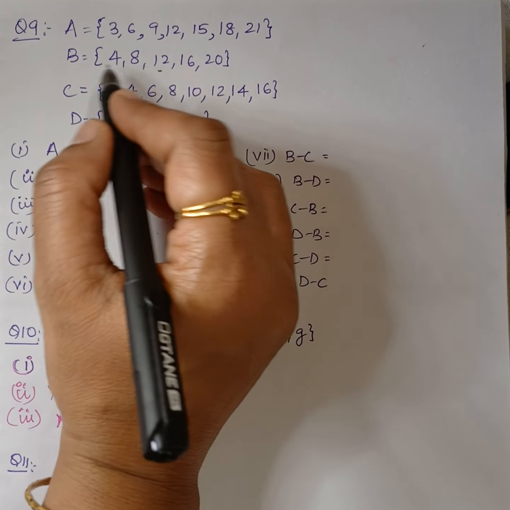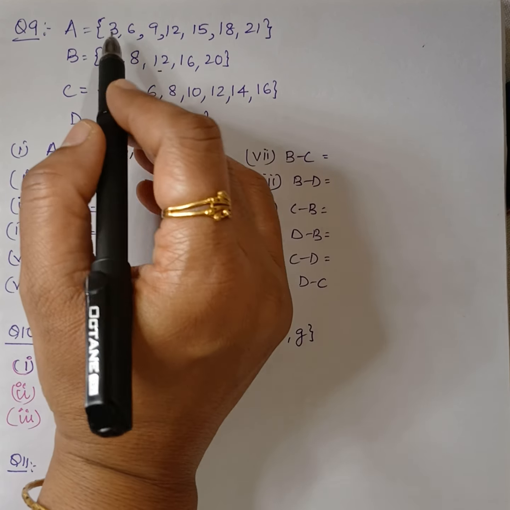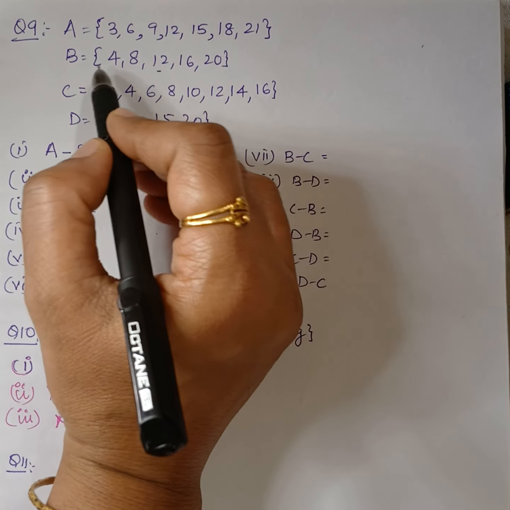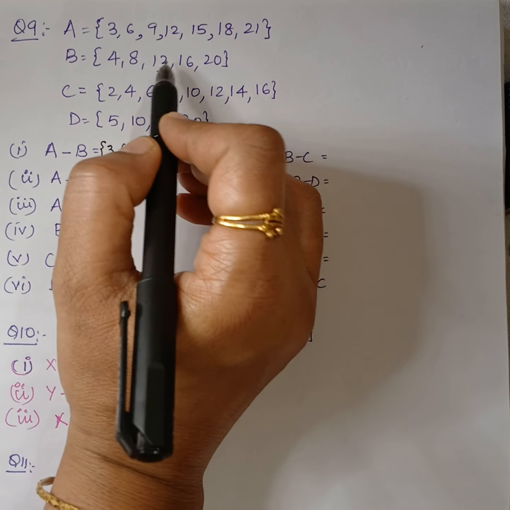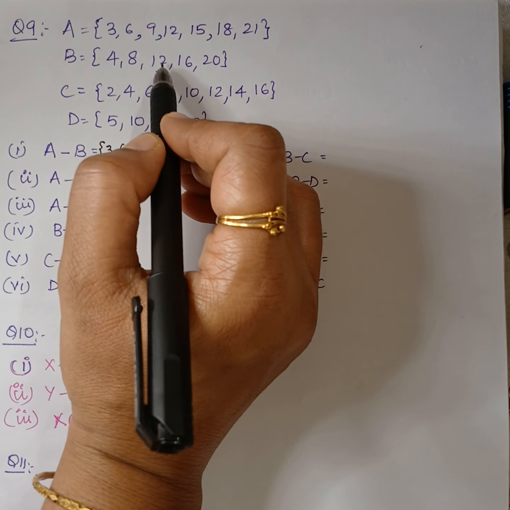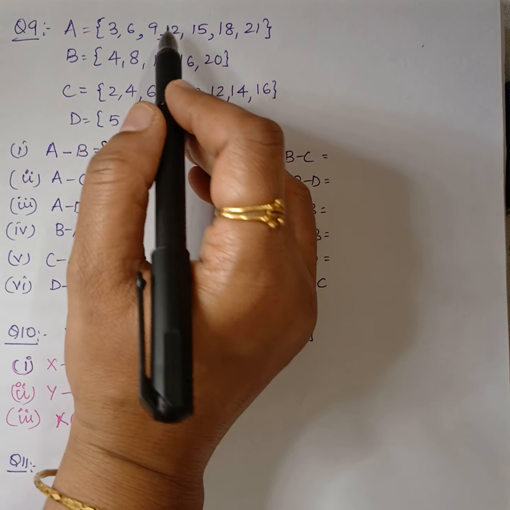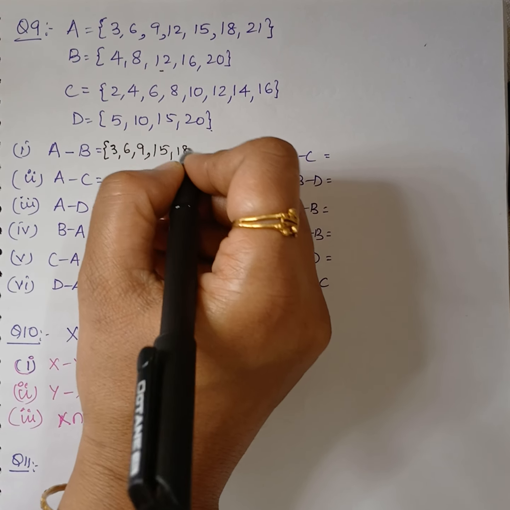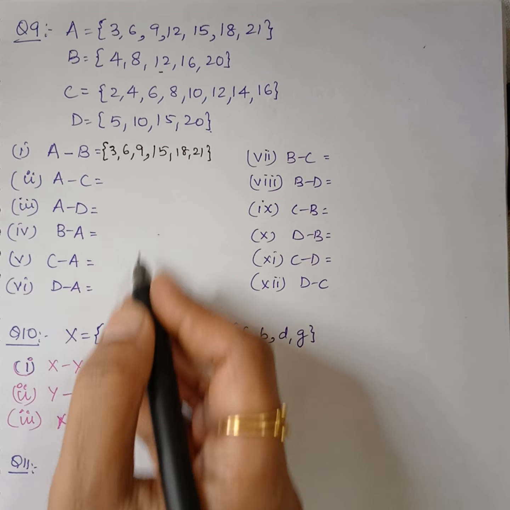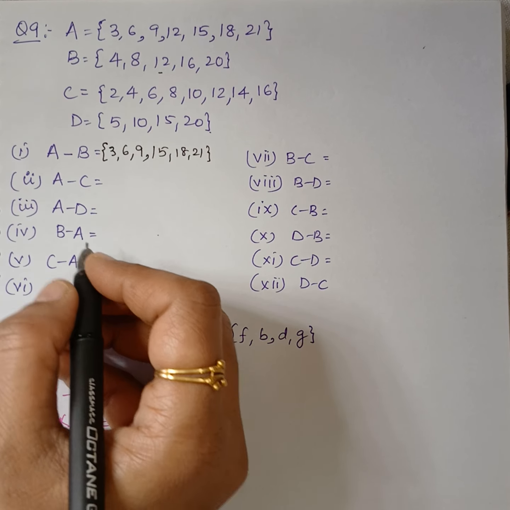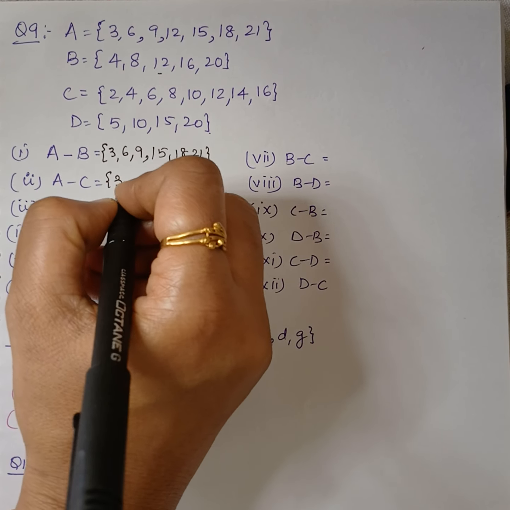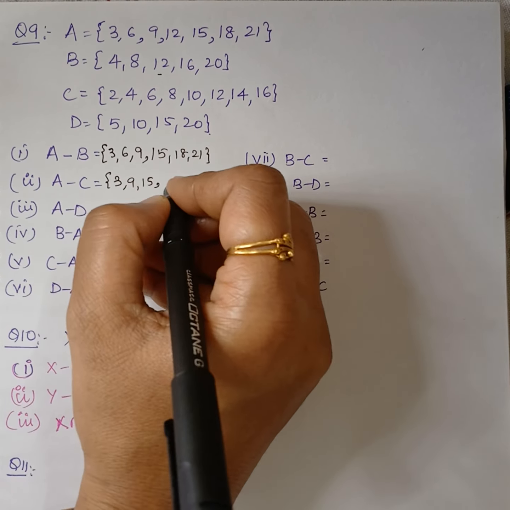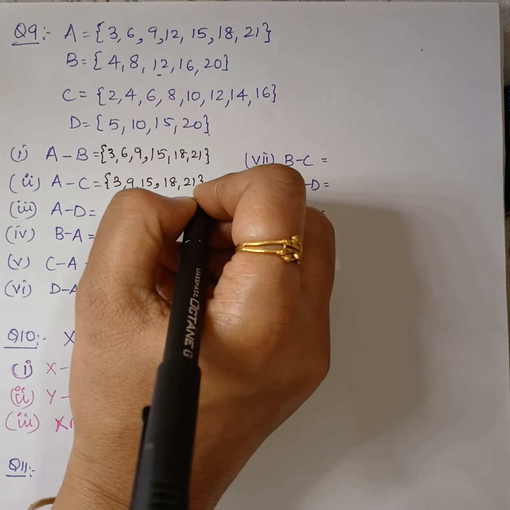4, 8 are not there. We don't bother about these other elements. In A, I have to remove the elements of B. So in A, only 12 is there which is there in B. So I have to remove that. So I will remove 12 and I will write 3, 6, 9, 15, 18, 21. Likewise, we can do all the other elements. A minus C will be 3, 9, 15, 18, 21.